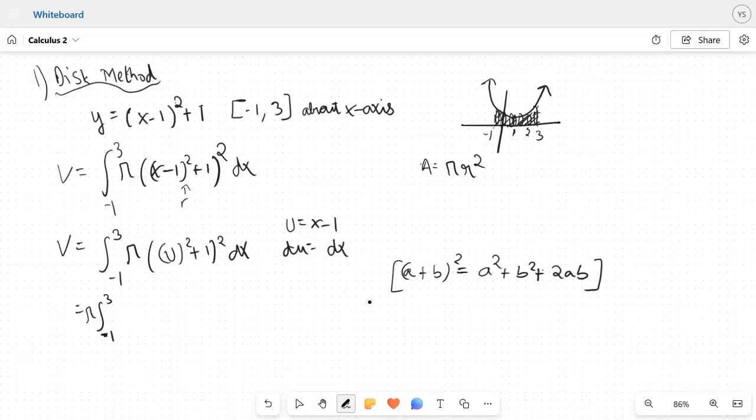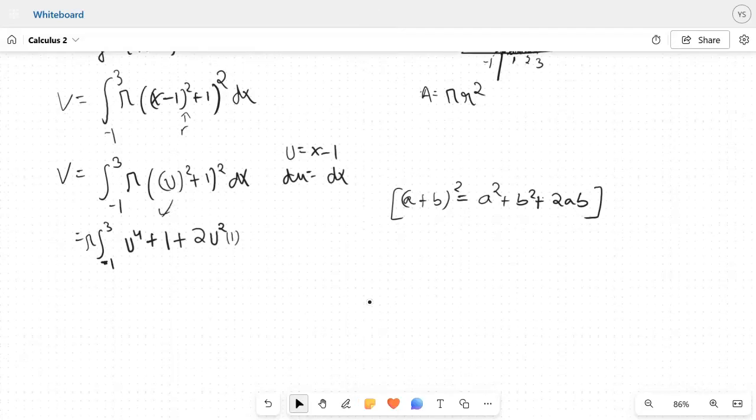So what is this going to lead to? It's going to be u to the fourth plus 1 squared, which is just 1, plus 2 times u squared times 1, which we can just leave as that, or we could put 1 if we want.